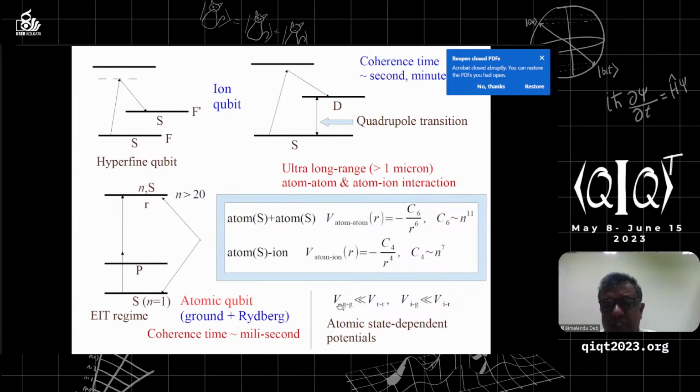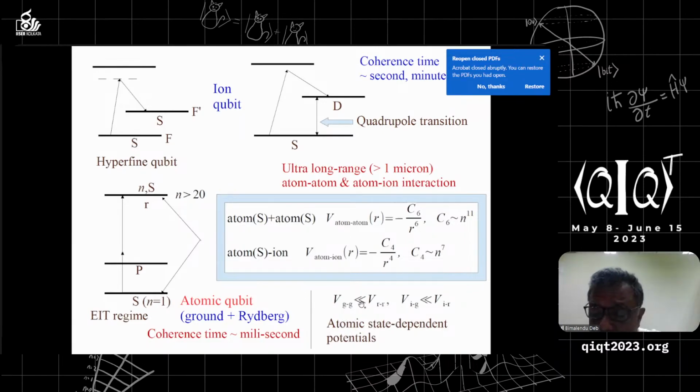So if you trap only ground state atoms, then it is negligible. But it is finite and quite significant at a long separation. And between Rydberg atom and Rydberg atom, and Rydberg atom and ground state, it is also quite large compared to ion and ground state.